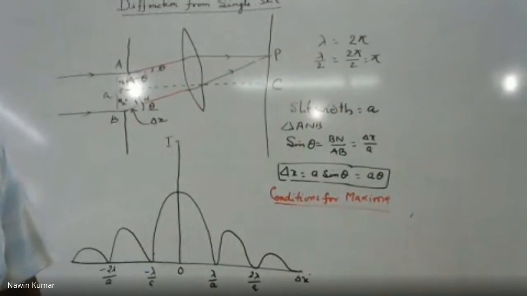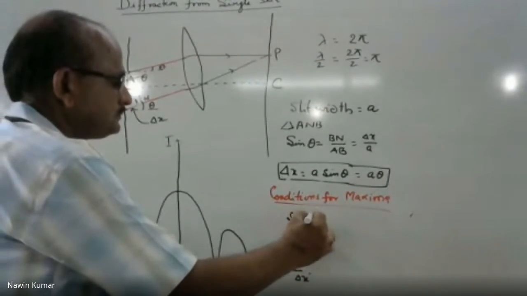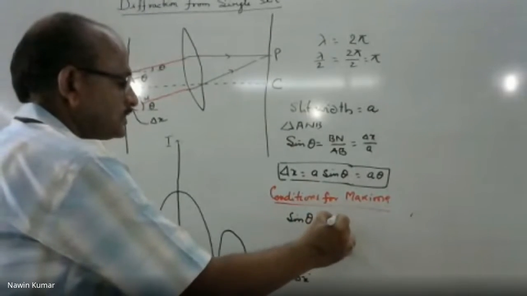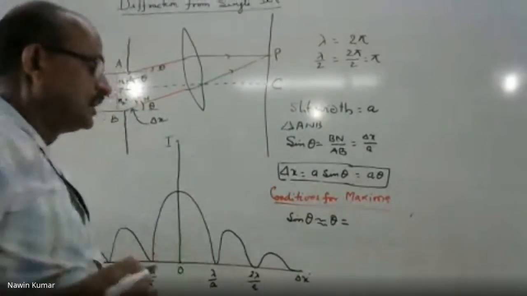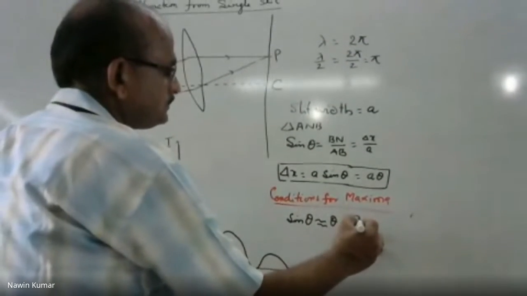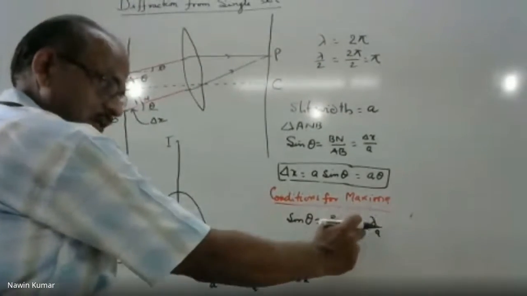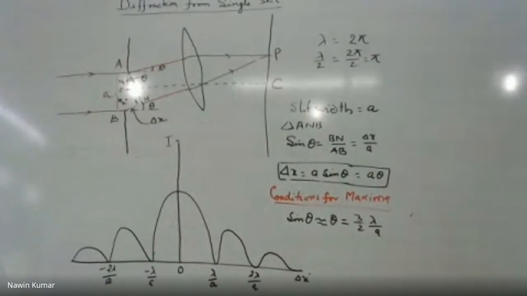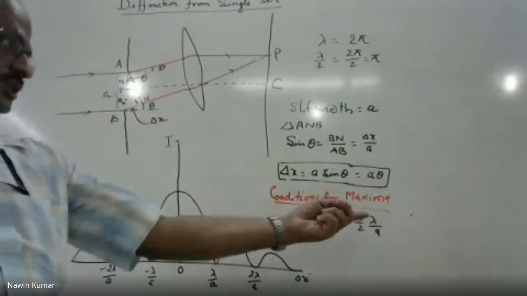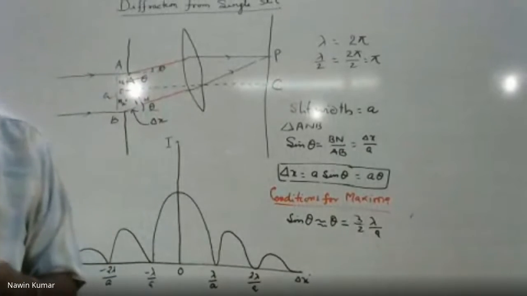Now sine theta, which for a small angle is equal to theta, is equal to 3 by 2 lambda by a, meaning a sine theta equal to 3 by 2 lambda. So sine theta equal to 3 by 2 lambda by a.